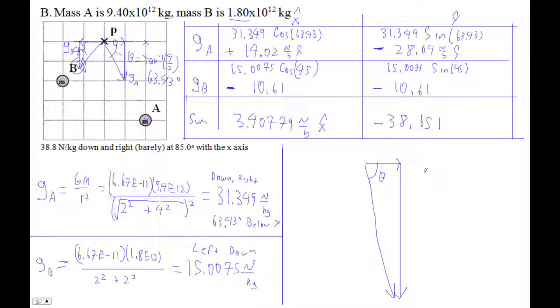So this angle right there is going to be inverse tan of 38.651 over 3.40779, all of that stuff, right? So second tan of that guy divided by this guy.